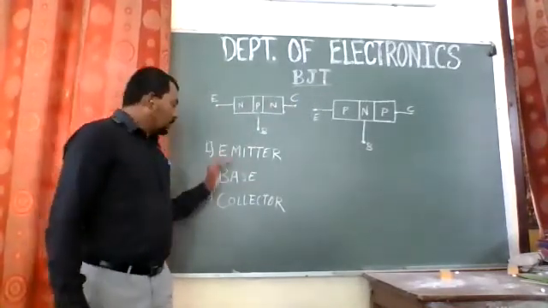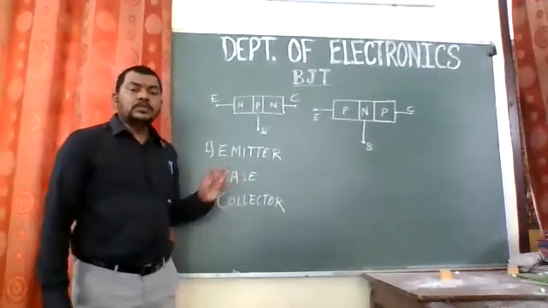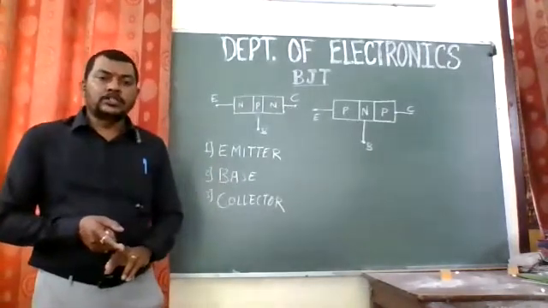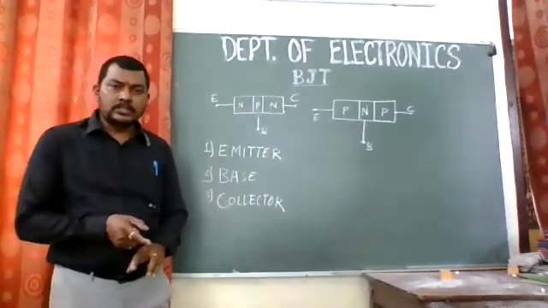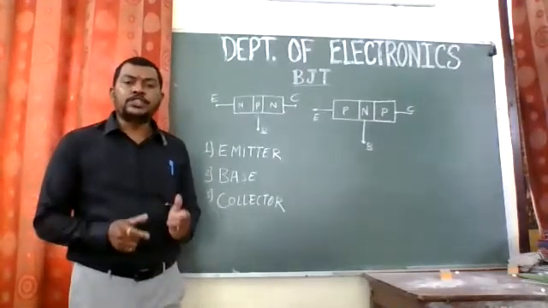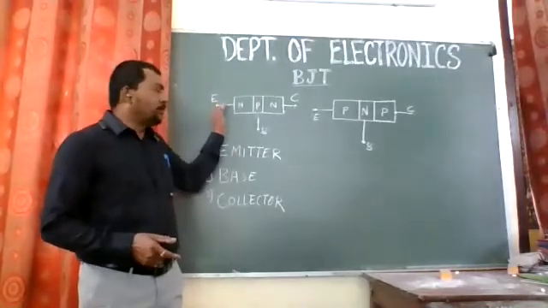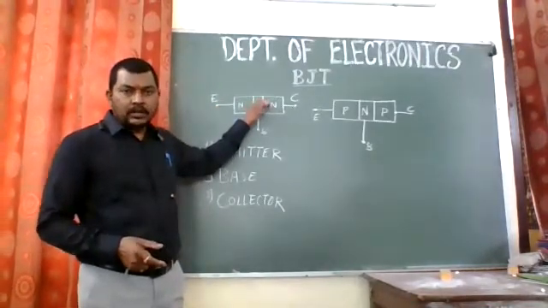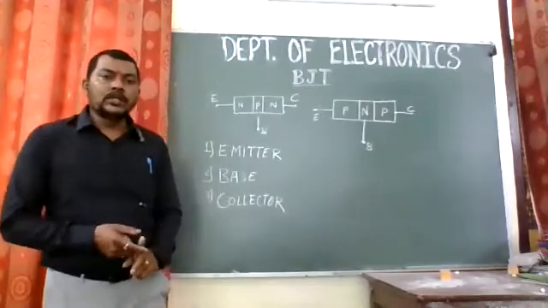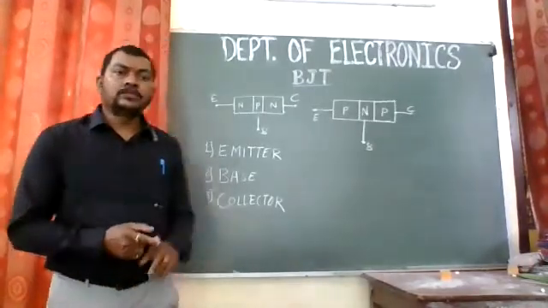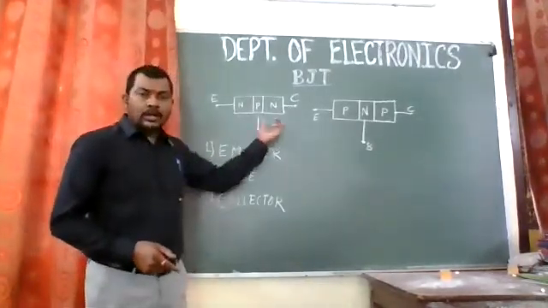The second one is the base. The base is very lightly doped. It is the smallest region of the transistor, and it provides the place for recombination of the charge carriers induced by the emitter into the base. And the last one is the collector. The collector is moderately doped.